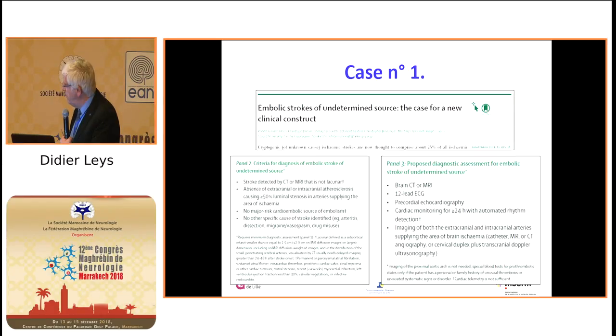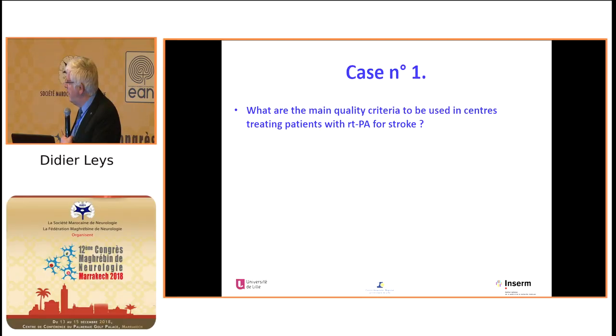You have here the definition of ESUS, and you can see that it's not absolutely necessary to visualize the embolus for that, which is probably the big mistake.